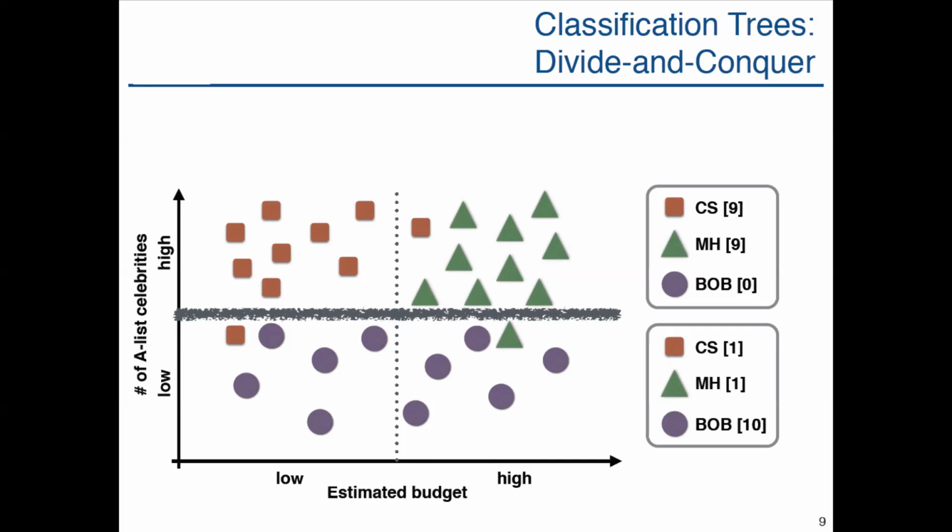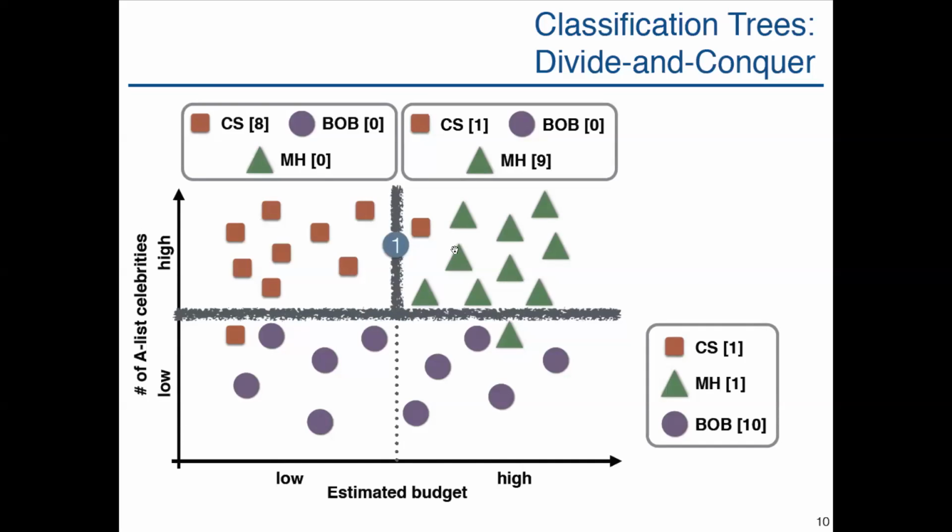So here it makes sense to split this one further to improve the classification rate, so improve your accuracy. So what you could choose to do is make one more split after this, and you could choose to split on the basis of celebrities now, and you only do it for this part of the tree where your A-list celebrities are high, right? You'll see the exact tree later on in the next slides. So this is one possibility, that you further split the upper part.